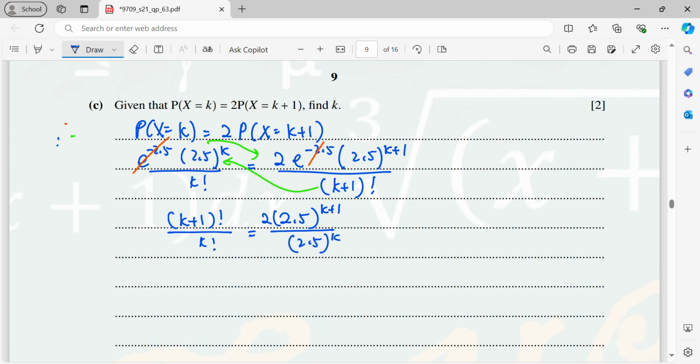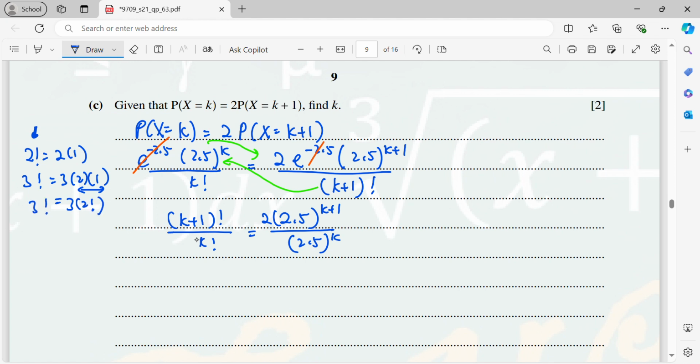Now here, just for information, for k plus 1 factorial over k factorial: 2 factorial is 2 times 1, and 3 factorial is 3 times 2 times 1. So this 2 times 1 I can change to 2 factorial, so I say 3 times 2 factorial.